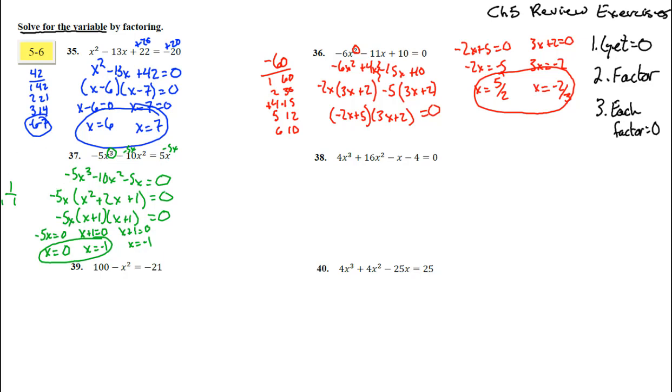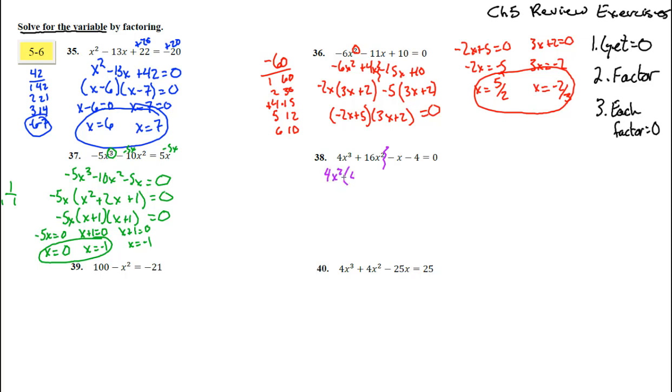Number 38. Already equal to 0? Check. Now we're going to factor it. Is there a common factor among everything? 4 looks like it's good. Oh, nope, there's no 4 in that third term. All right, so 4 terms. Cut it in half. Pull a 4x squared out of the front.